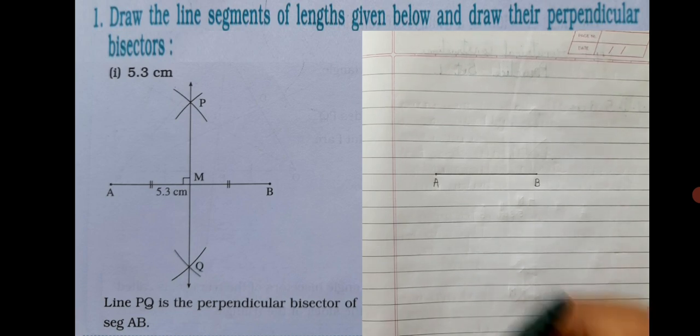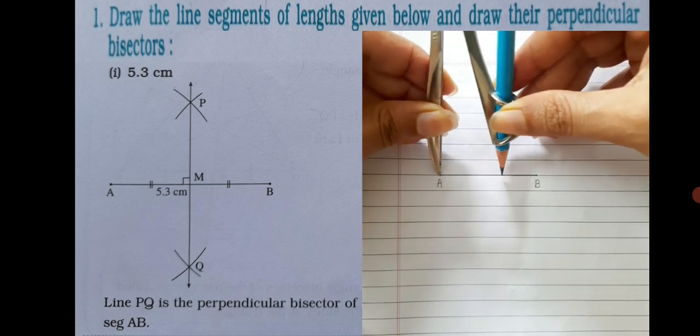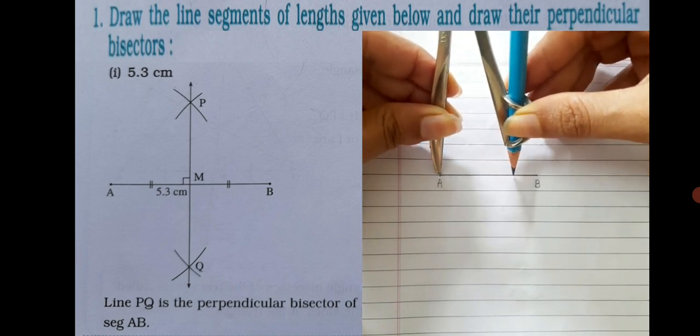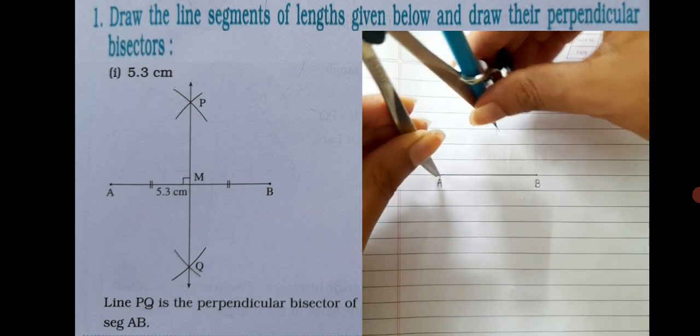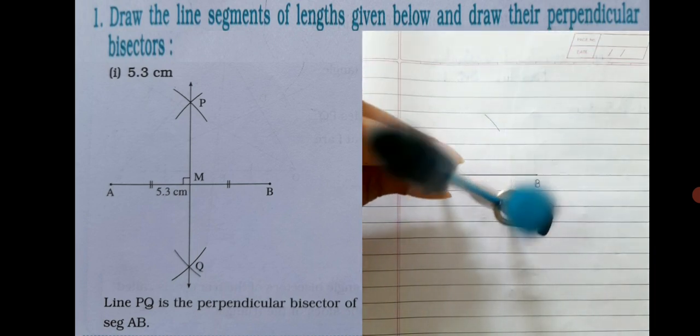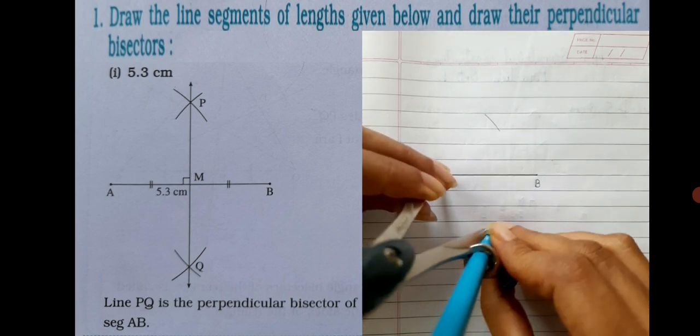Now we need to bisect this with a compass. So take a compass and take more than half the measurement of AB. More than half. Keep the still point at A and mark two arcs, one above AB and one below AB.